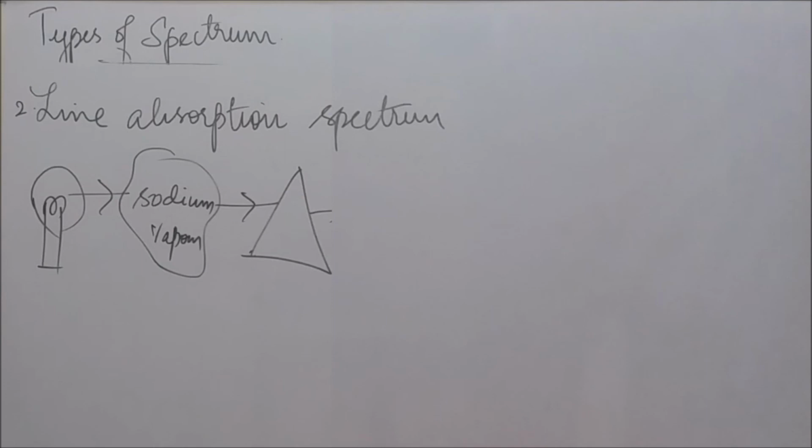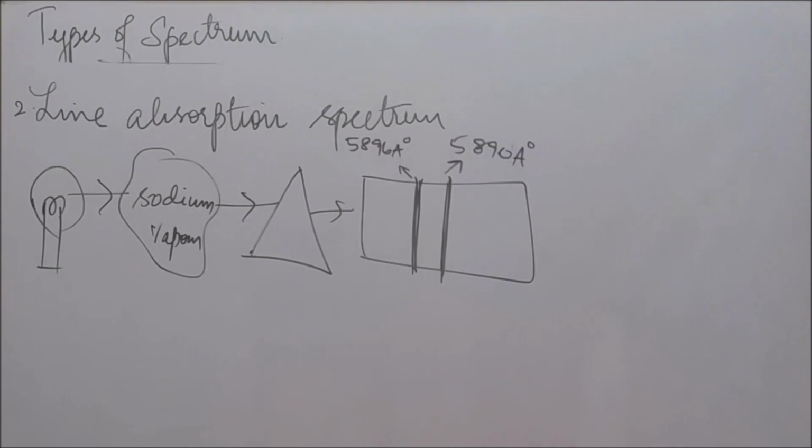We obtain from the carbon arc two dark lines in the yellow region of sodium vapor, with wavelengths ranging from 5896 angstrom to 5890 angstrom. This is line absorption spectrum.